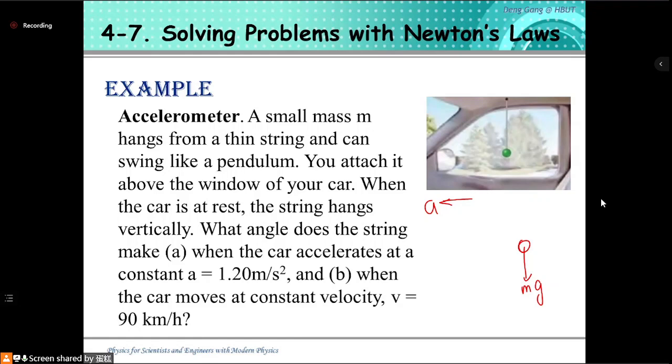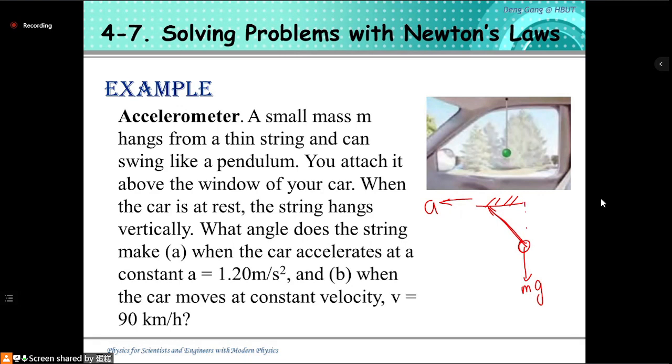Which means the net force, or at least the force in the horizontal direction, should be to the left. So in order to produce a force to the left, the tension must be in this direction. The tension should also be along the string. So that's the direction of the string. The string should be in this direction so that it can produce a tension in this direction, and it has a component in the horizontal direction to help us produce this acceleration.